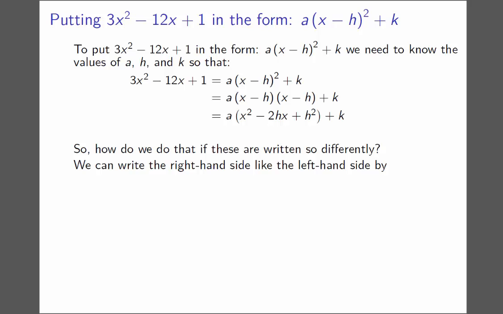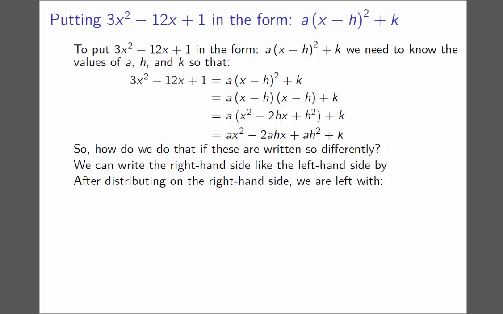And we still need to distribute the a, which gives a x² − 2ahx + ah² + k. And now that we've distributed the right-hand side, we are left with the equation 3x² − 12x + 1 equals ax² − 2ahx + ah² + k.